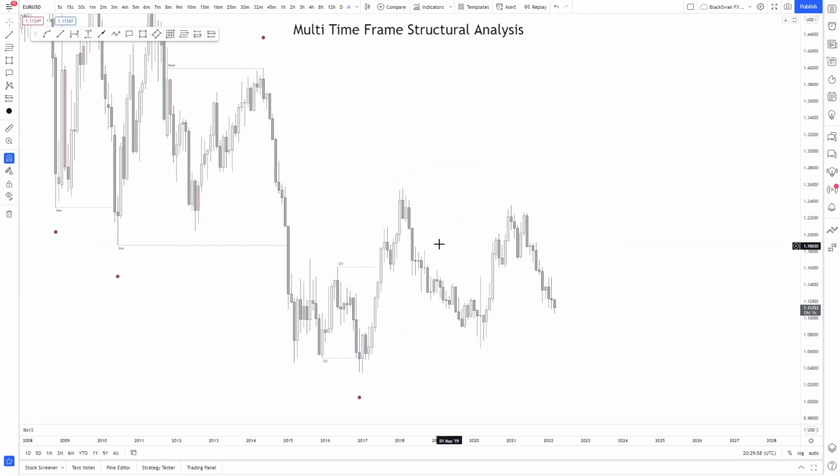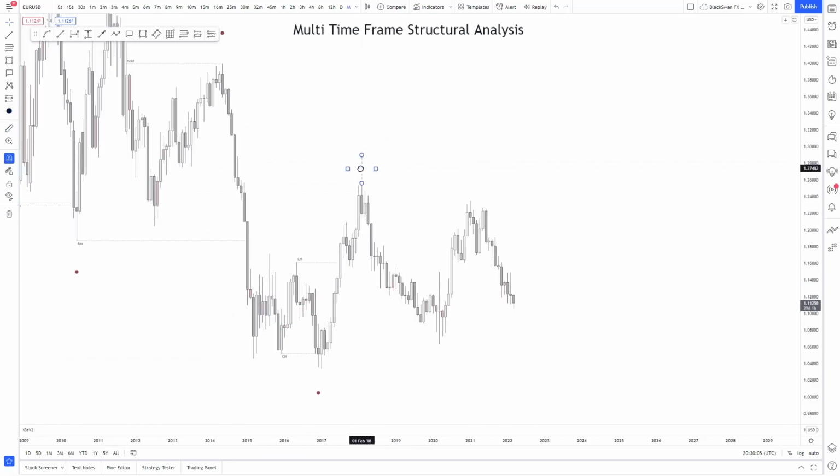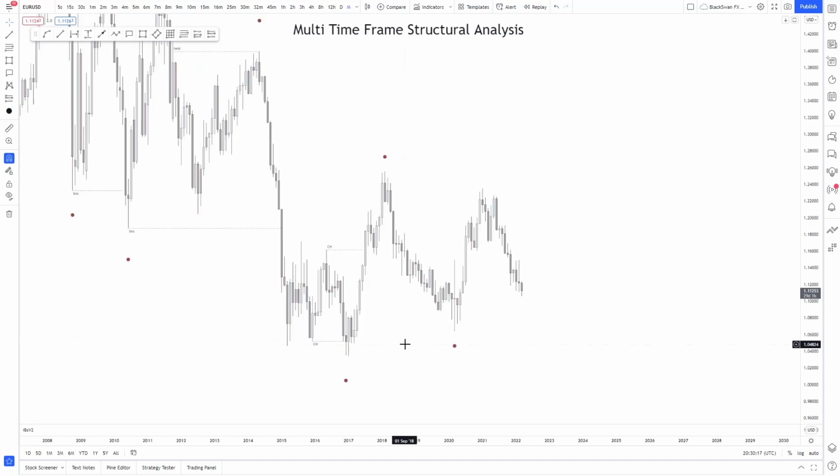And price trades back down. So what do we have? We have a new high here. So at this stage, you could think, well, this is going to be taken. We trade down. We fail to break the low. So it's reasonable to assume this could be our first sign of order flow shifting, and potentially the market's going to go bullish. But we trade up and we're unable to take this high.